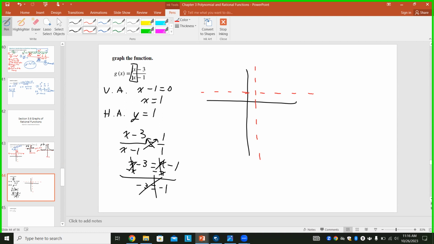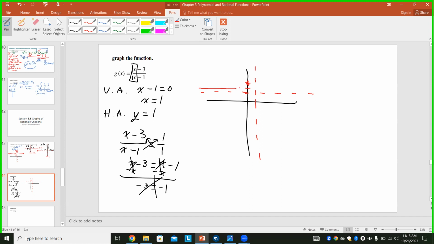If I plug in 0, I get -3 over -1, which is +3. So I have another point at 0, 3, somewhere right there. That tells me my branch is going to be up here.